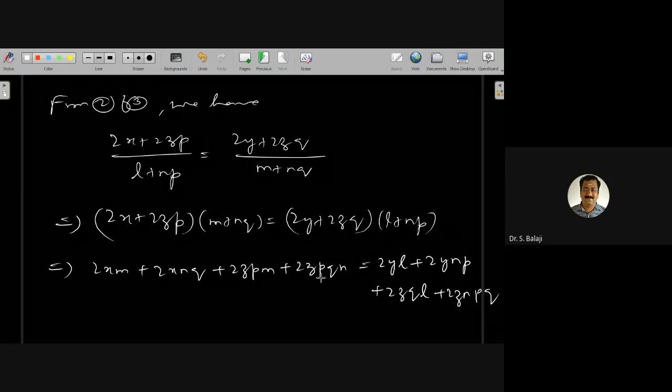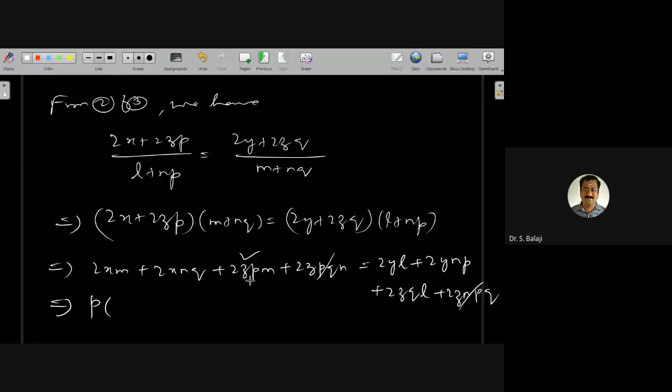The 2znpq terms get cancelled here, and then you can club the remaining things: p times and q times and so on. Also the 2 is common everywhere, so that also gets cancelled. I can take it commonly here.